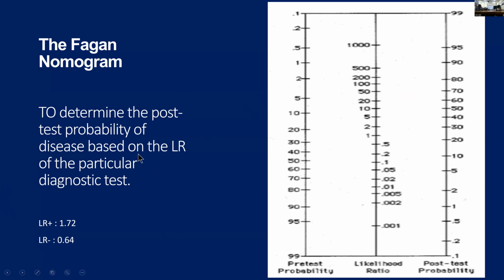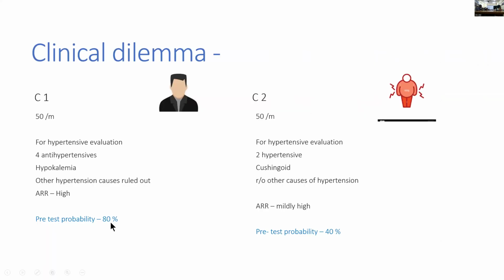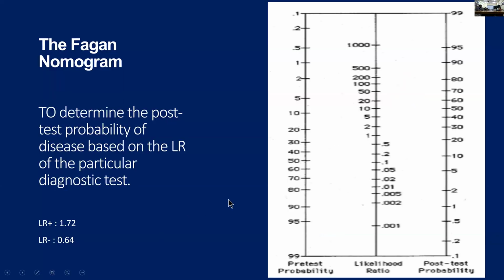In the first case, the pre-test probability is 80%. What is the probability of him having the disease? The positive likelihood ratio is 1.47, or 1.72, somewhere here. So your post-test probability goes maybe to 80 to 90, an increase of only about 10.